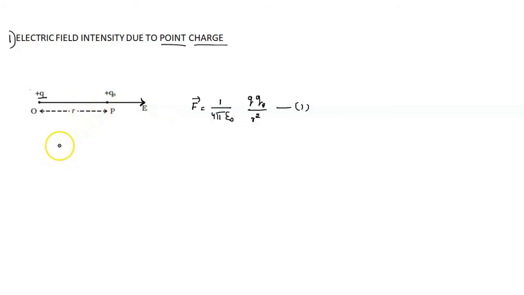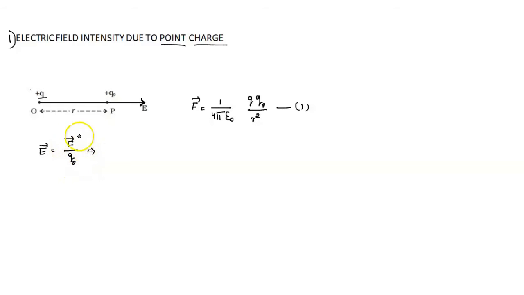And we just now studied what electric field intensity is. That is, electric field intensity is defined as the ratio of electrostatic force per unit test charge. Here the test charge is Q naught.